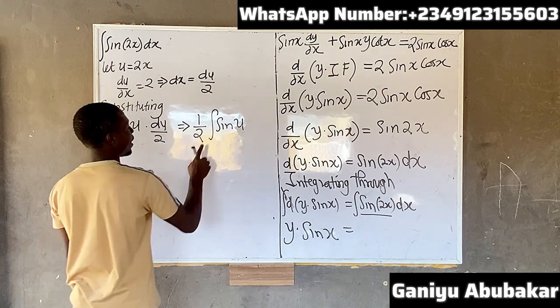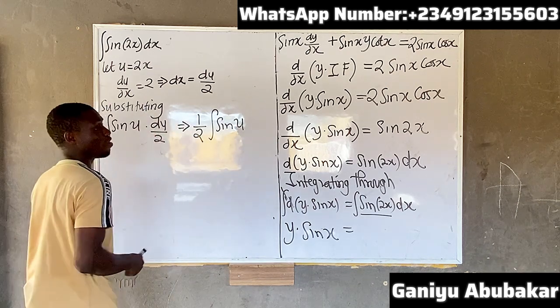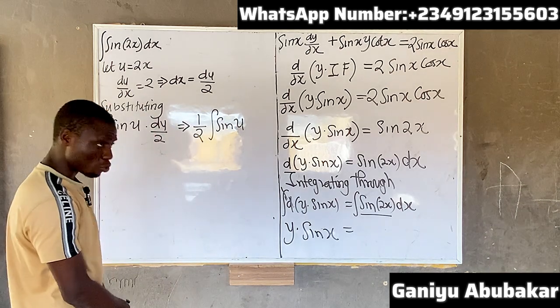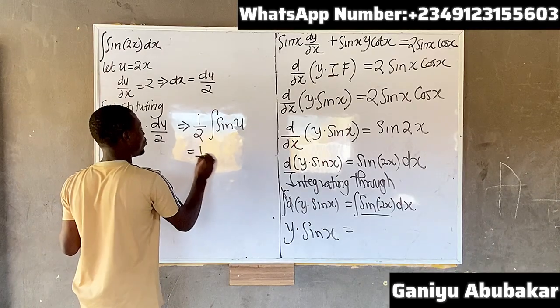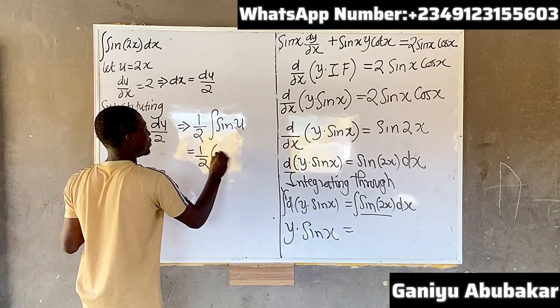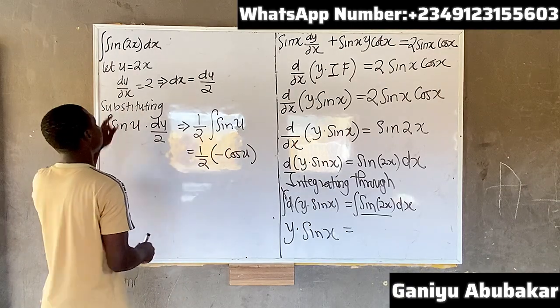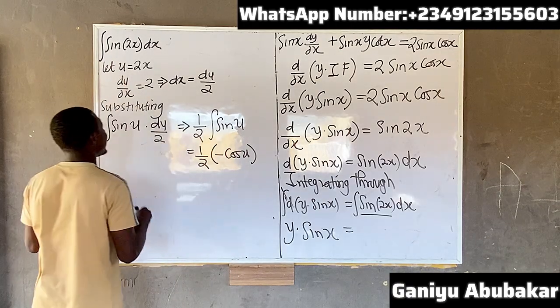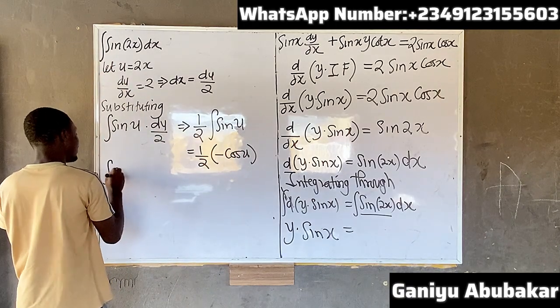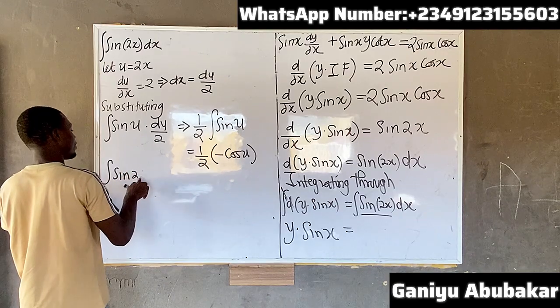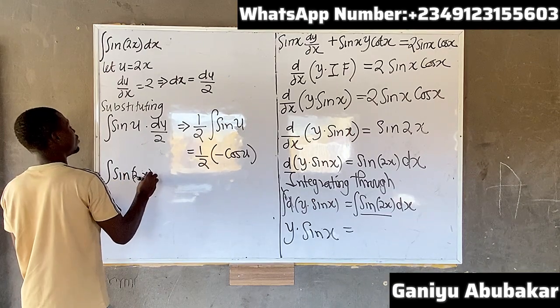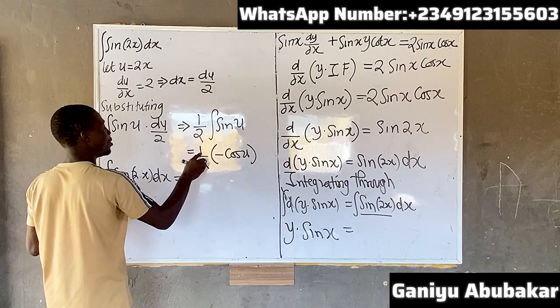If I integrate sine u, of course, I'll have negative cos u. That gives you 1 over 2 times negative cos u. But what is u? u is 2x.